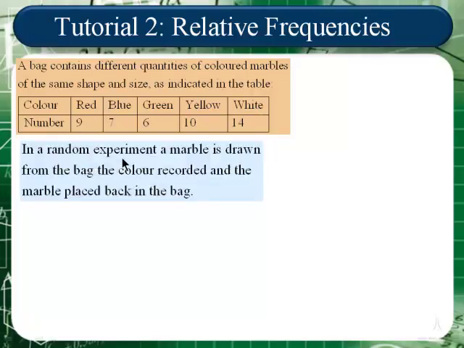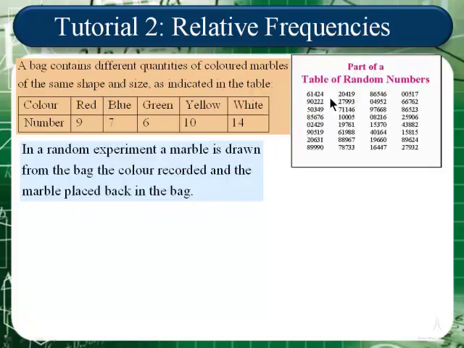Now in a random experiment, a marble is drawn from the bag, the color recorded, and then the marble placed back in the bag. Here we have our previous table of random numbers, in which we have 32 numbers.